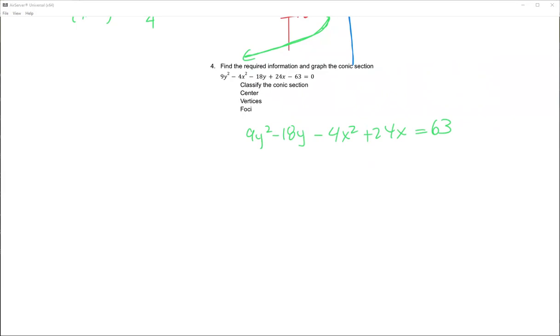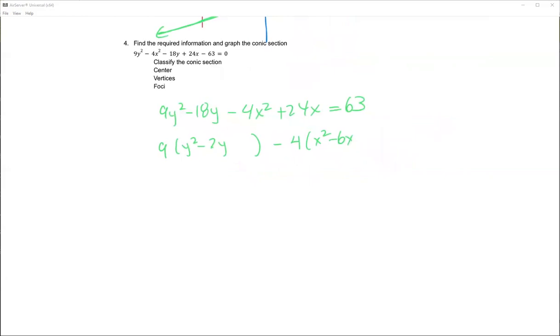Okay, what do you do here? You factor out the 9, it'll be y squared minus 2y, leave a space, minus 4, and then x squared minus 6x. Remember, it's minus because you're taking out a -4, right? And then give a space is equal to 63.